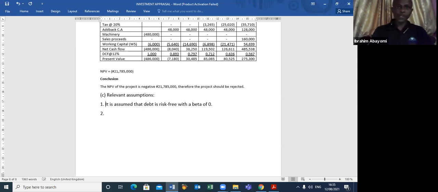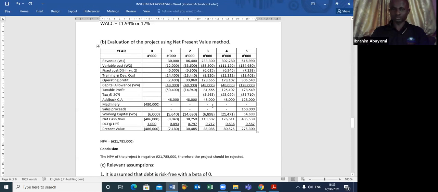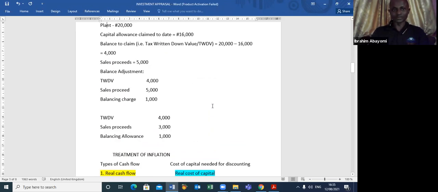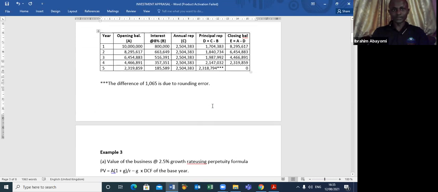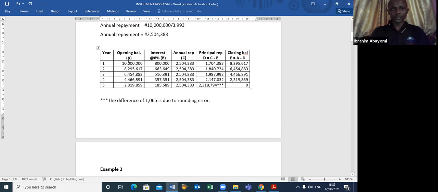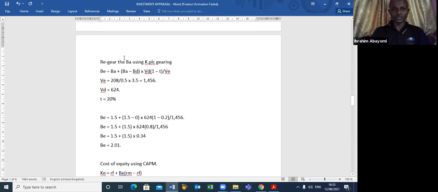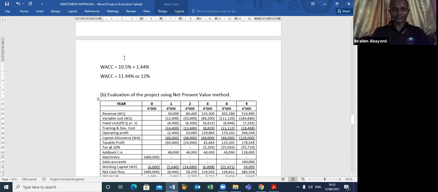2, all the cash flows that we use. Where's our table? Is it up there? No, it's down. Our solution, that should be example 4, right?